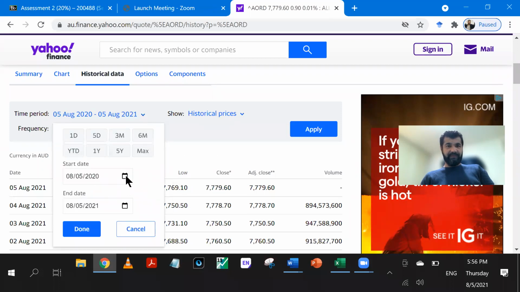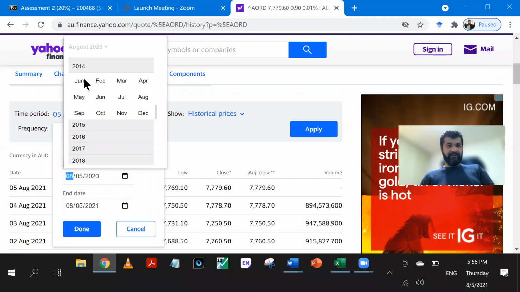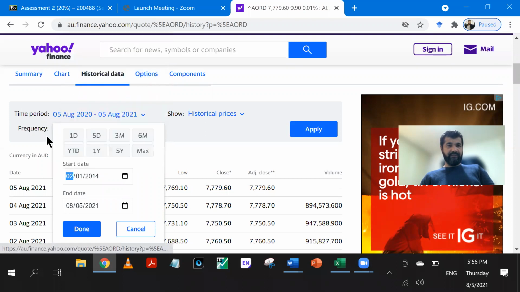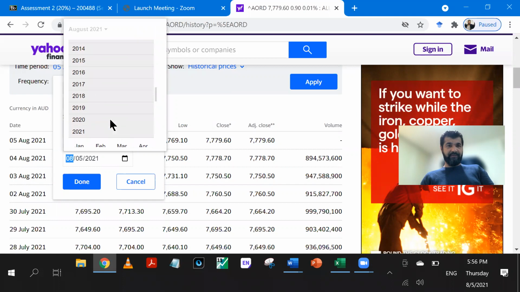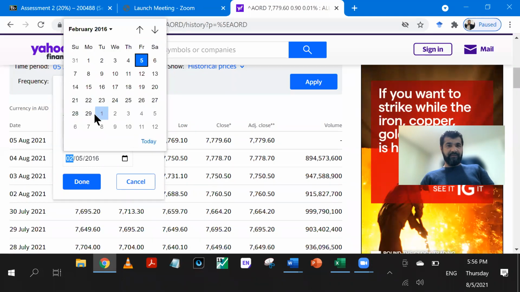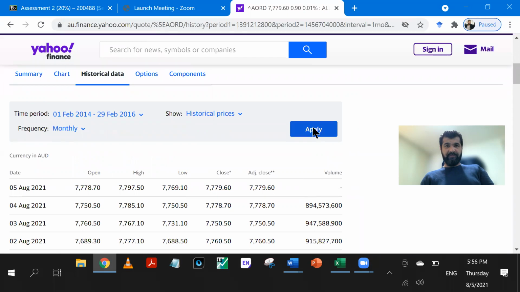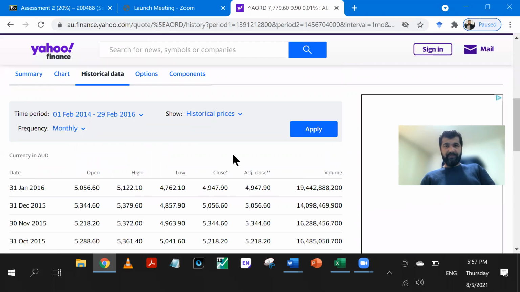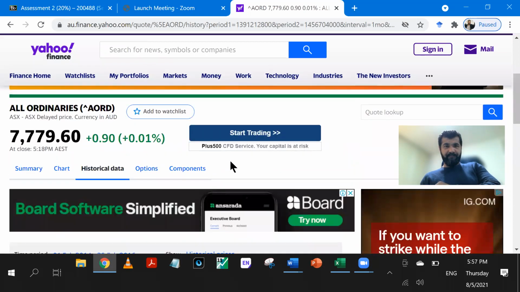Why don't you have this data as a download?